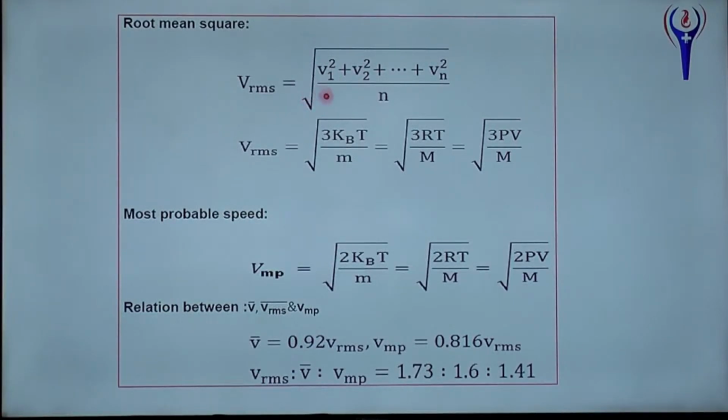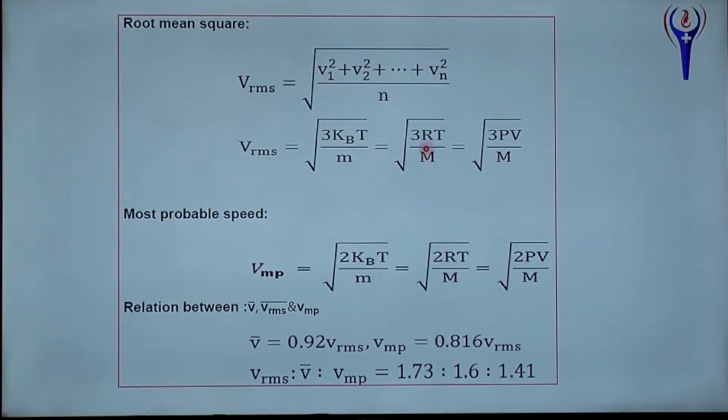VRMS equal to square root of v1 square plus v2 square up to vn square divided by n. And in terms of kBT or RT, VRMS equal to square root of 3 kBT by m or square root of 3 RT by m.